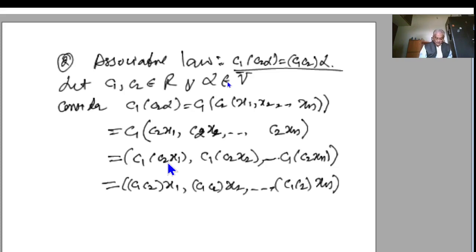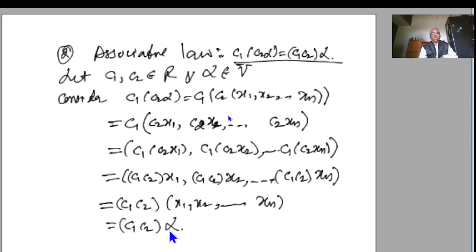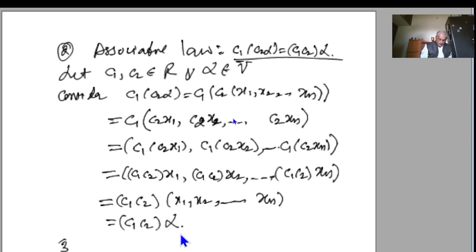This can be written as c1 c2 into x1, x2, xn, which is equal to c1 c2 into alpha. So the associative law is satisfied: c1 into c2 alpha equals c1 c2 into alpha.